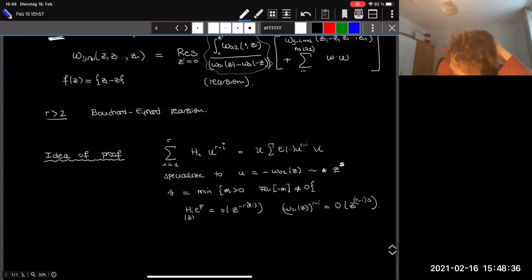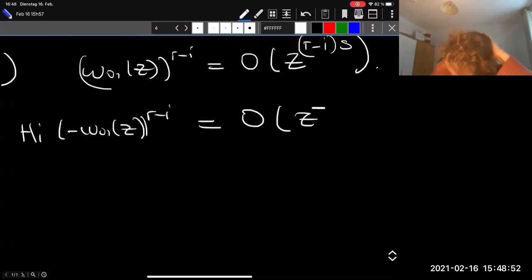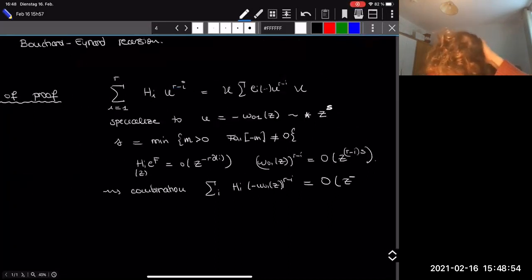It actually combines to give you that this combination here is of a certain modified order. Actually, in that case, I think it's the same.